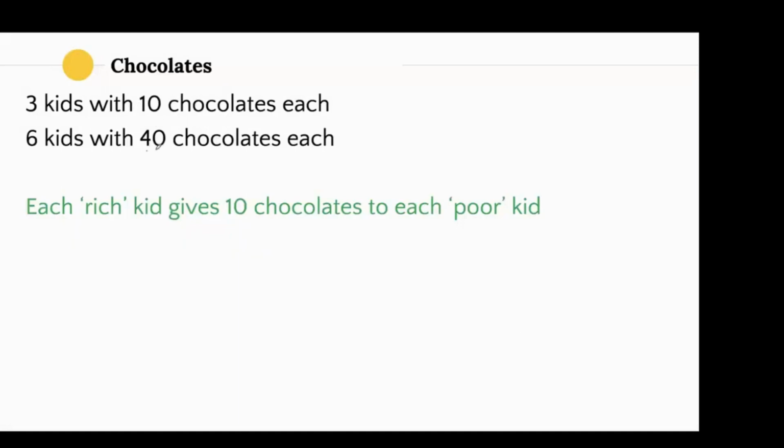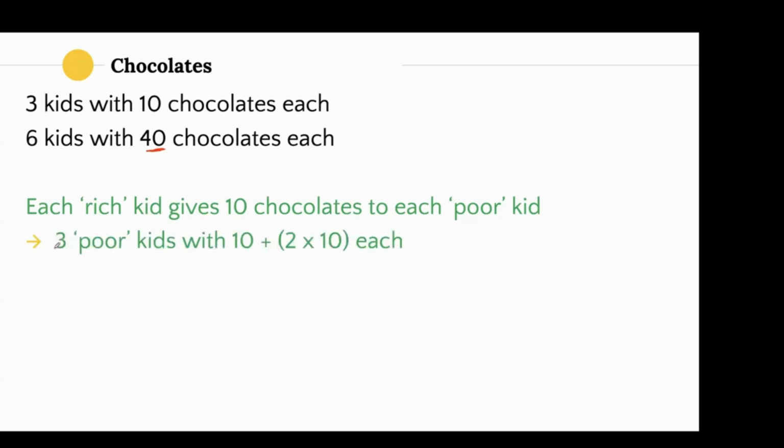So let's just, for simplicity's sake, let me just call these kids rich kids, the ones who have 40 chocolates each. So each rich kid gives 10 chocolates to each poor kid. Then what would happen? Overall, there are 6 rich kids. So actually 2 rich kids will give 10 chocolates to 1 poor kid.